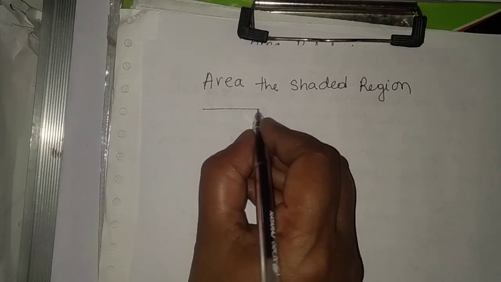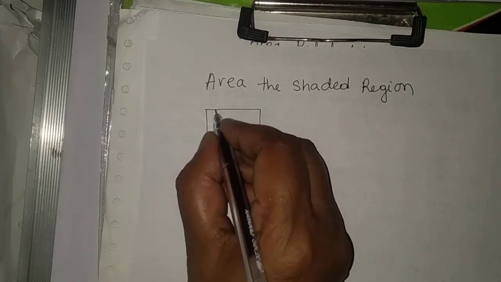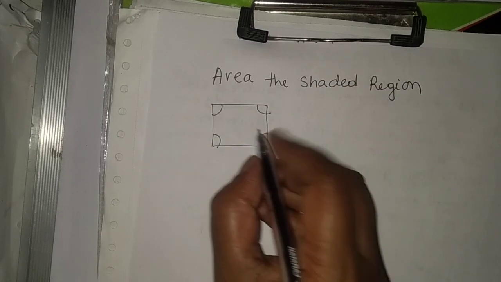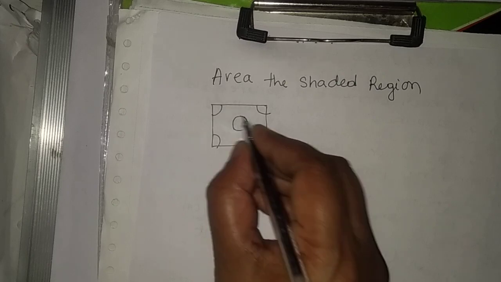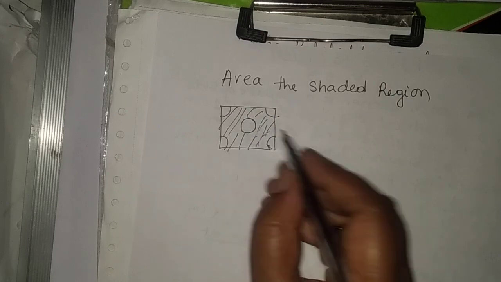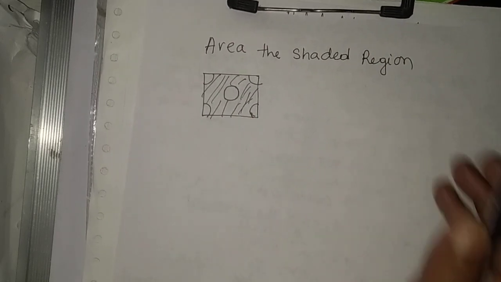So after finding all the areas, next is the area of the shaded region. What was this? This was the square, at all the corners there was a quadrant, then in the inner part of the square there was one circle, and this is the shaded region. This was the problem. We finished finding all the three areas.